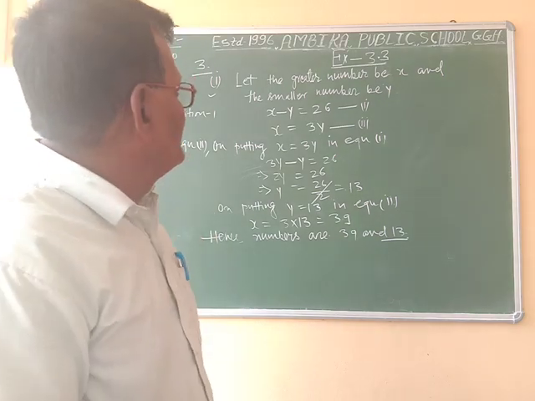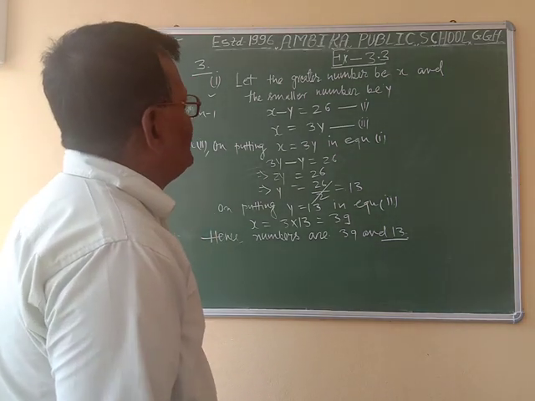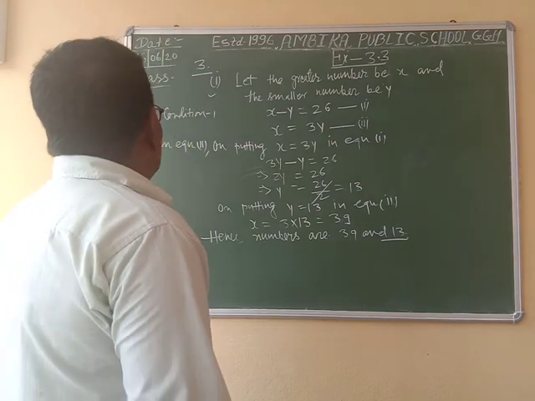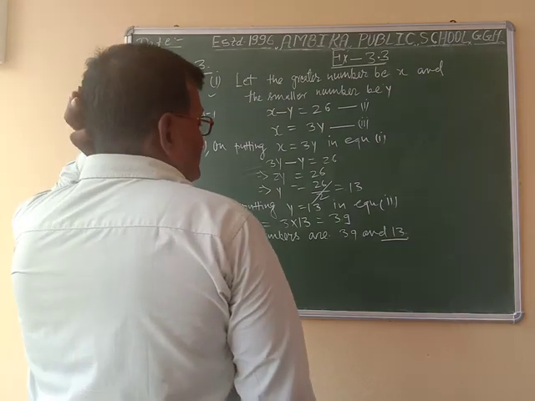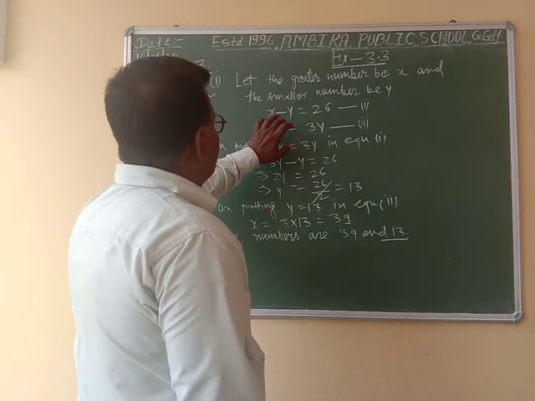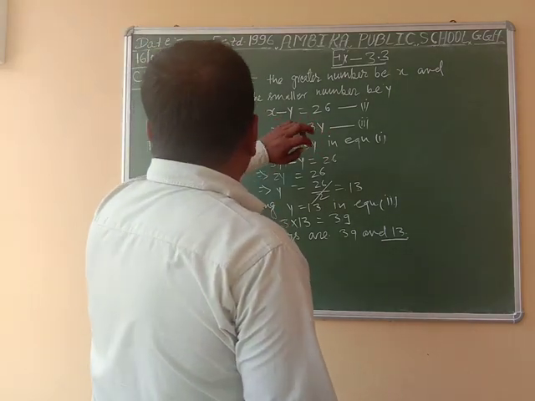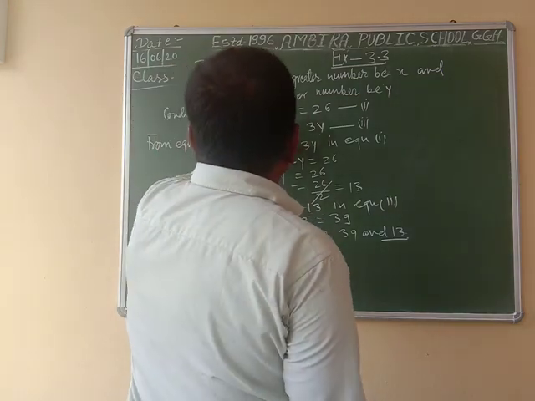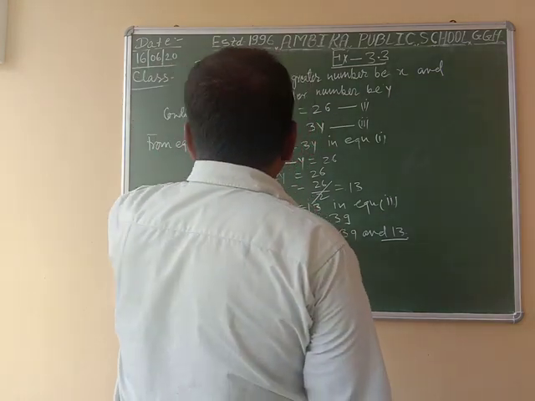Find them. Let the greater number be x and the smaller number be y. First condition says that the difference between two numbers is 26, so we can write x minus y is equal to 26.